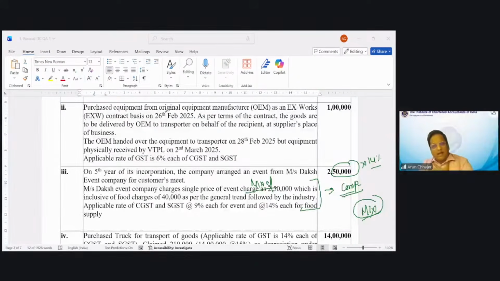For example, I am the hotel, I am raising an invoice of 2,10,000 for the event, and I am raising another bill of food charges of 40,000. In that case, you will not allow the ITC of the 40,000. But what was in my question? A single invoice. Whether the invoice is single or not makes no difference, but what I gave you was a supply inclusive of the food, and it is a common practice, and therefore it becomes a composite supply. It is naturally bundled.